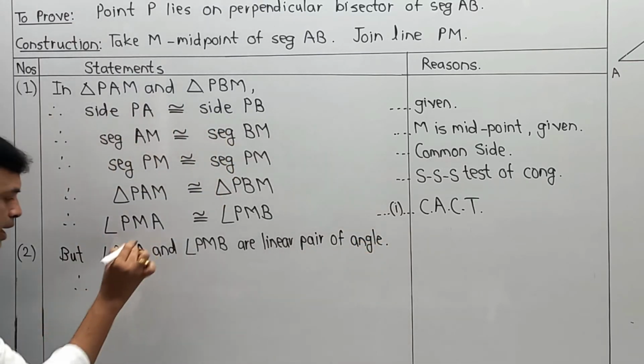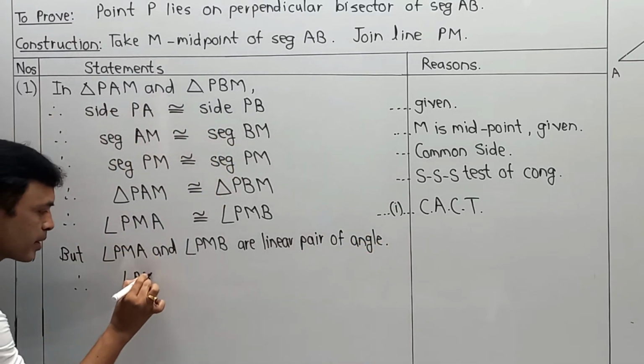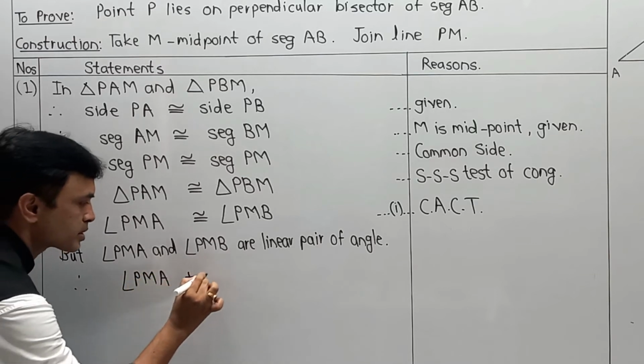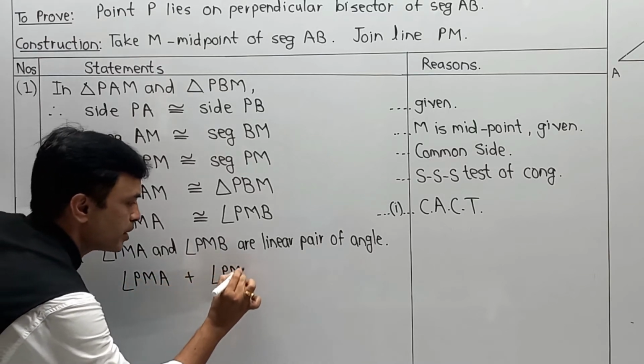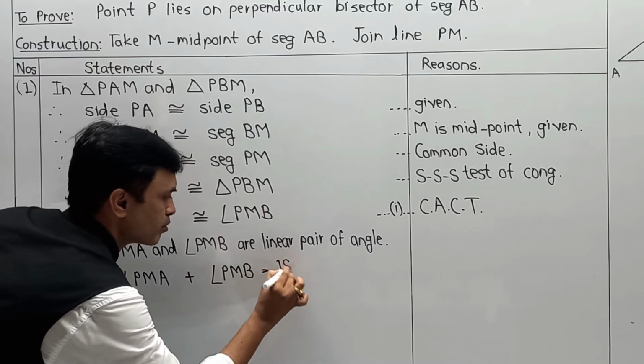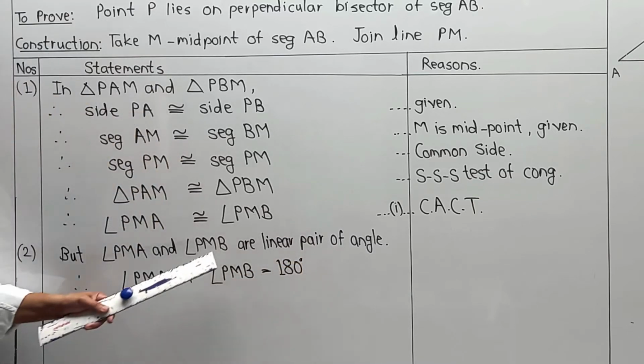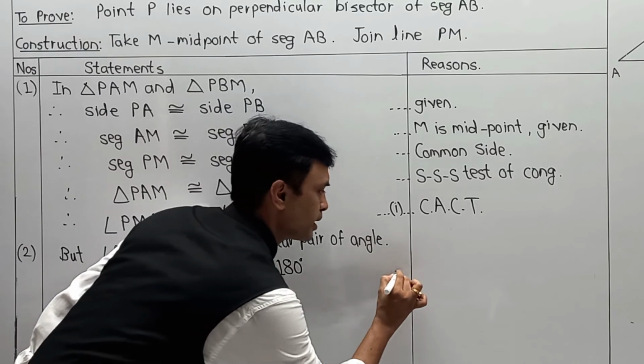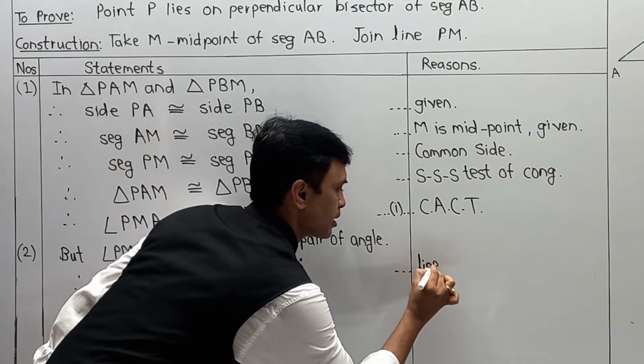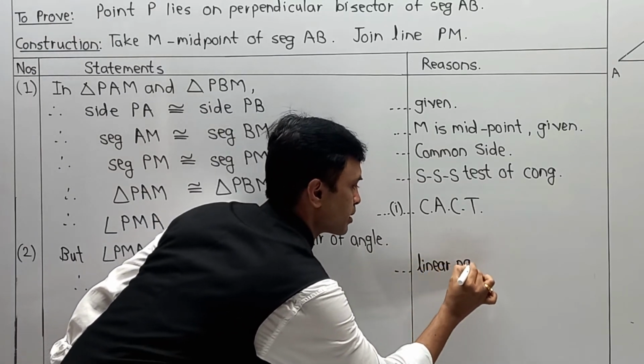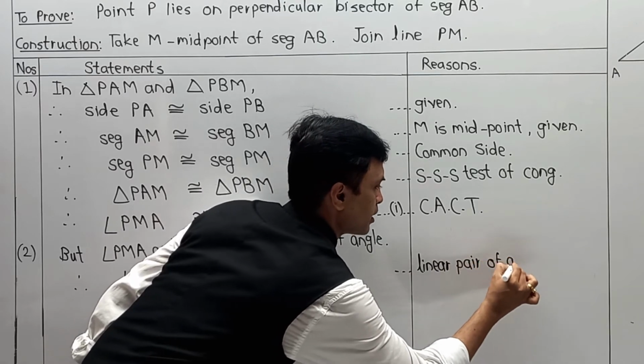Therefore, angle PMA plus angle PMB is equal to 180 degrees, reason: linear pair of angles.